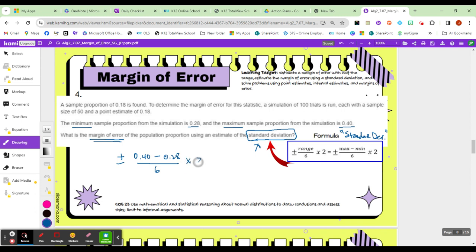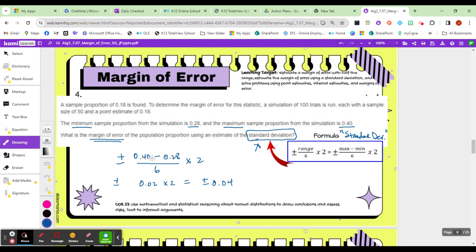And then we're going to multiply that times 2. So it's going to be plus or minus 0.40 minus 0.28 divided by 6 is going to give me 0.02 times 2 is going to give me a margin of error of plus or minus 0.04.